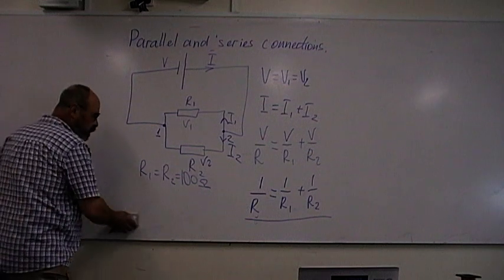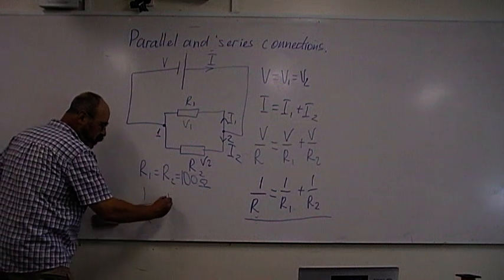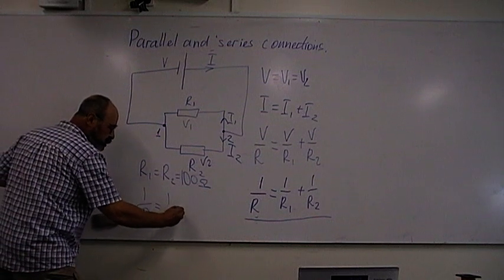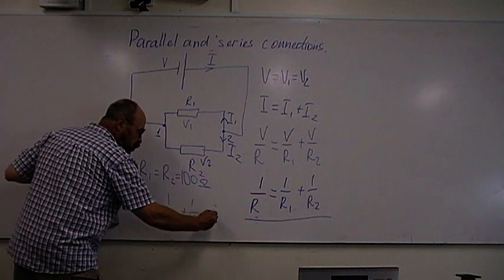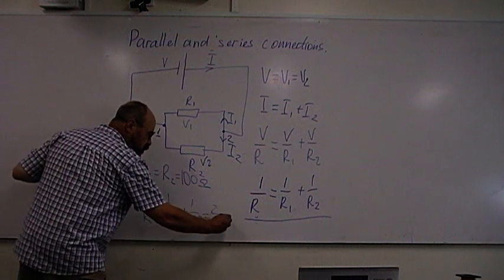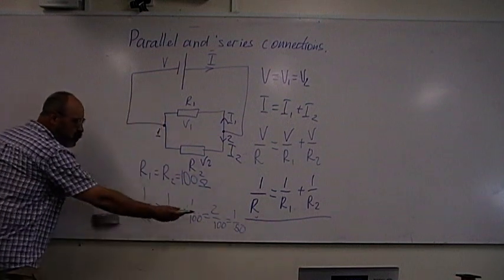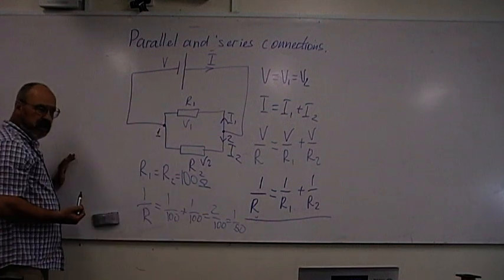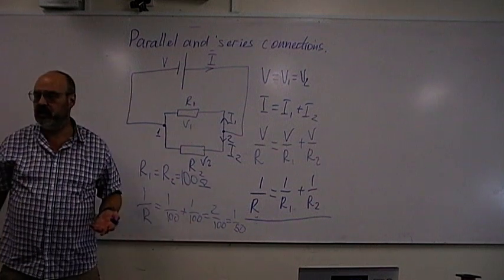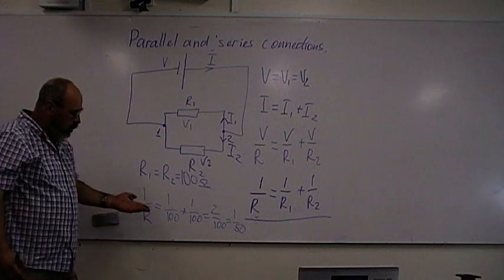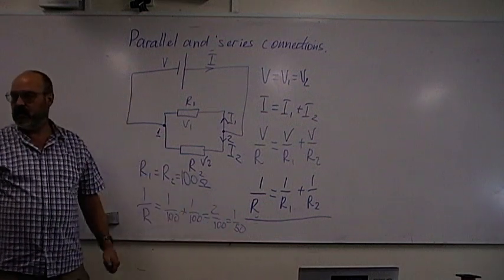We can see it if we do 1 over R equals 1 over 100 plus 1 over 100, which equals 2 over 100, which is 1 over 50. But that is not the resistance, it's 1 over resistance. If 1 over R equals 1 over 50, what does R equal? 50.